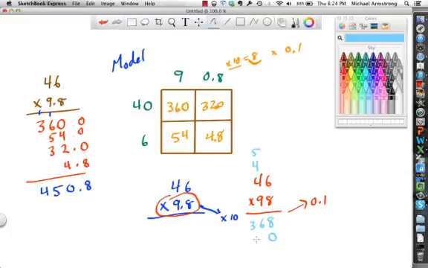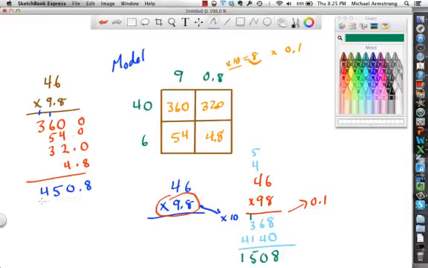And then 9 times 6 is 54. 9 times 4 is 36. Plus 5 is 41. And then add. 8 plus 0, 6 plus 4, carry the 1, is 10, and then 3, 4, 5, 4, 5, 0, 8.